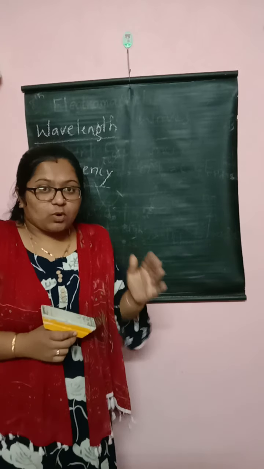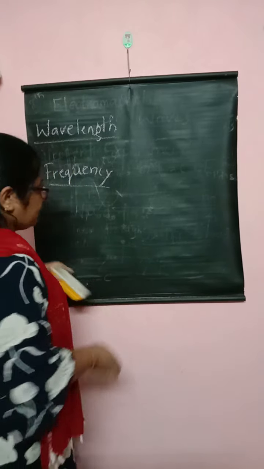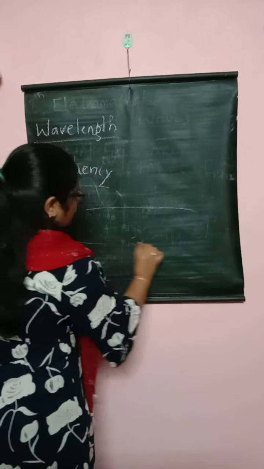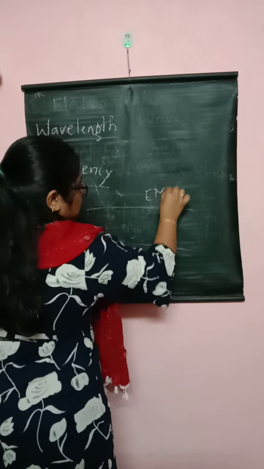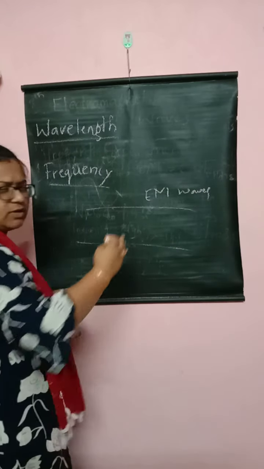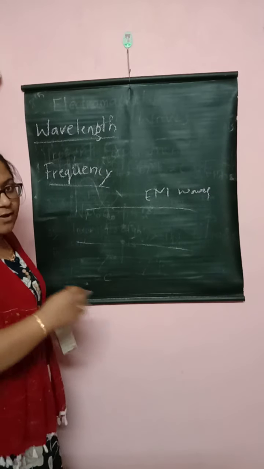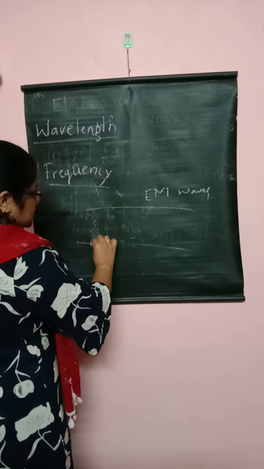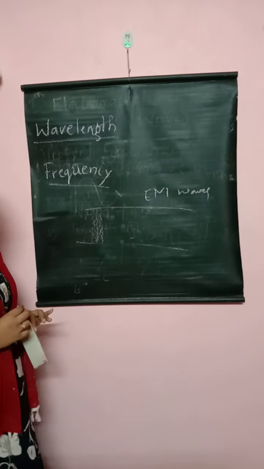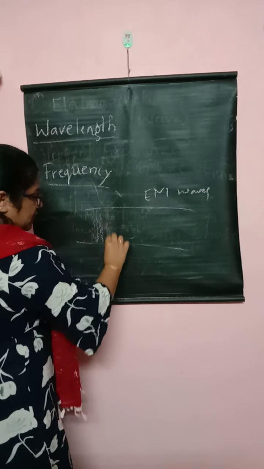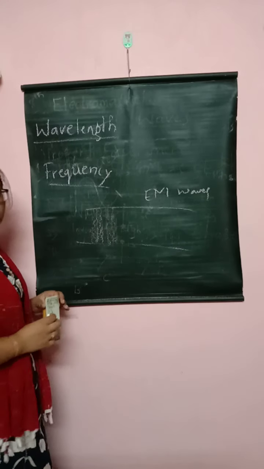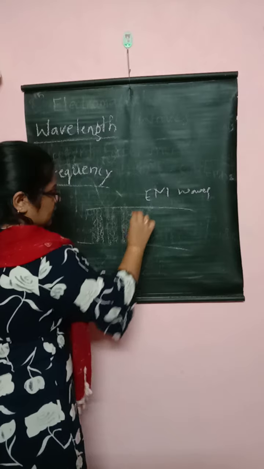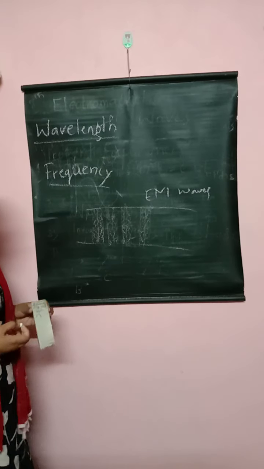So depending on that, if this is one full electromagnetic wave, it will be having so many ranges of frequency and wavelength. Up to here it will be having some frequency, up to here it will be having some different frequency. Next, change in wavelength, change in frequency takes place.